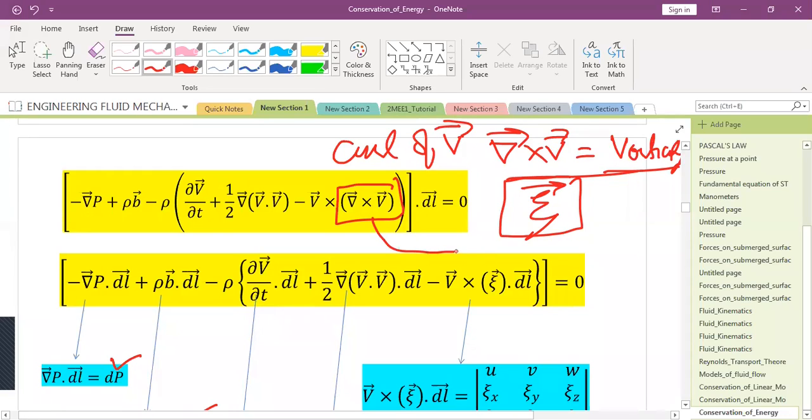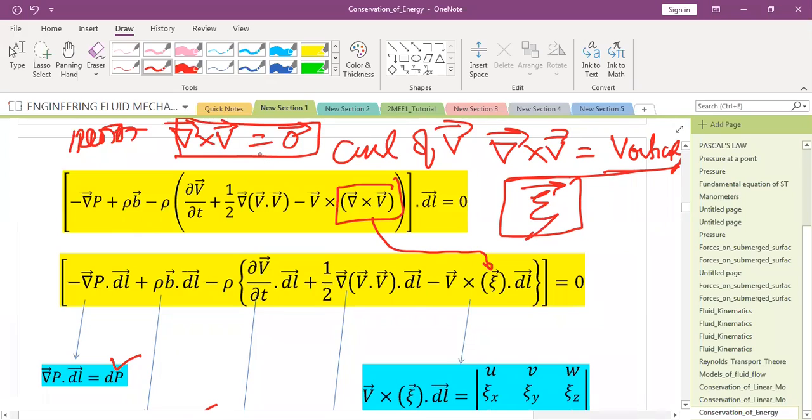So I have simply made this del cross v as zeta. So please remember, if a flow is irrotational, then this del cross v should be equal to 0 vector.